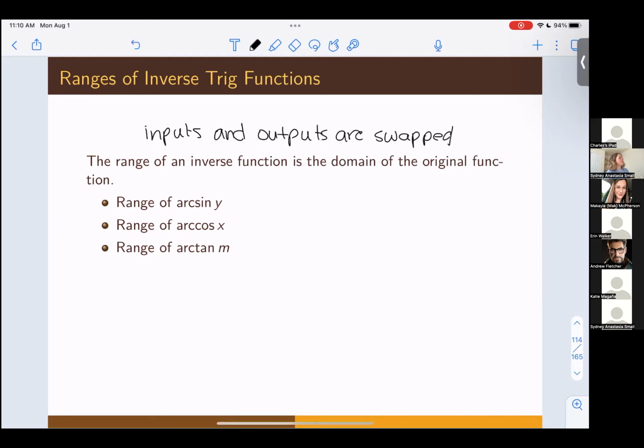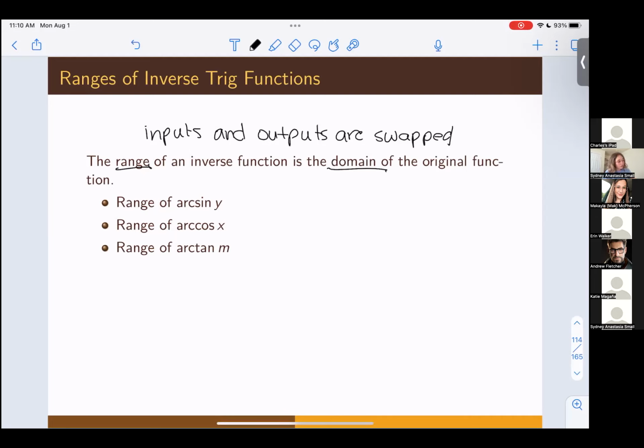So what does that mean? Well, that means that the range of the inverse, i.e. the range of the y values, is the domain, i.e. the space for the x values of the original function, because we're just swapping x's and y's. So the x's, which define the domain of the original function, become the y's of the inverse, which define the range of the inverse function.